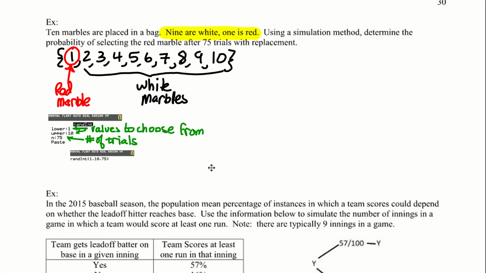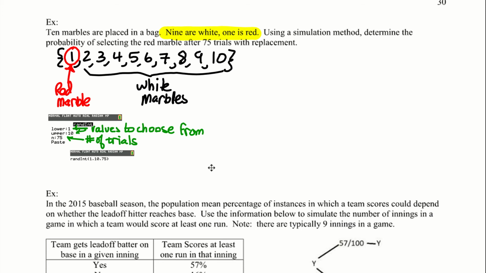It's the same values. You're just typing it in slightly differently. So when you hit math probability option 5, rand int came up on your screen. You're just typing in the same values I typed in, just separated with commas. So 1, comma 10, comma 75, and then afterwards you just hit enter. All right. So depending on your calculator, you could represent it either way.